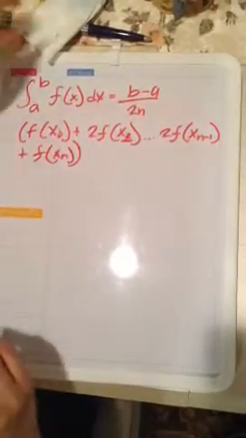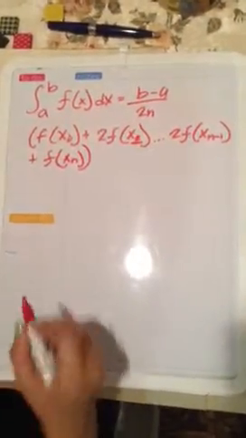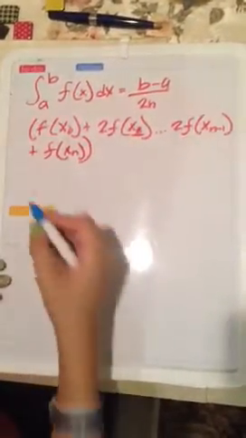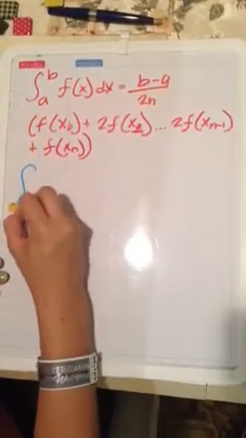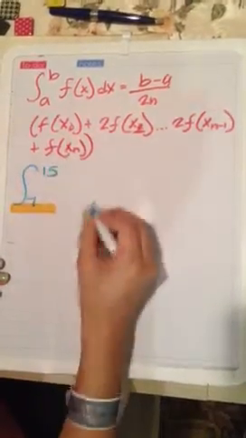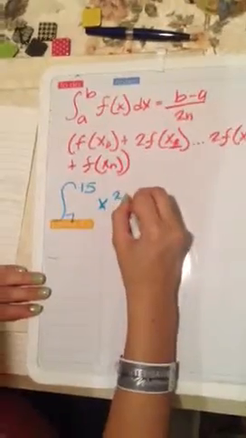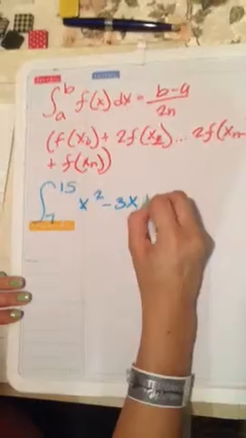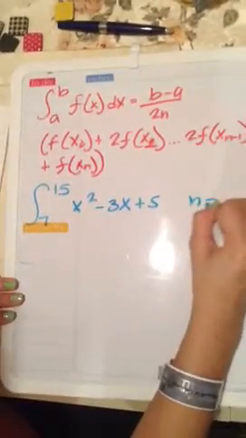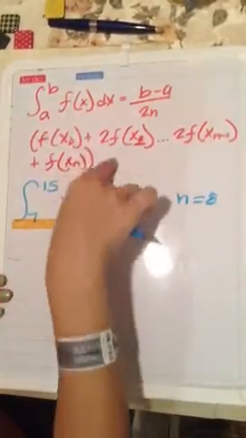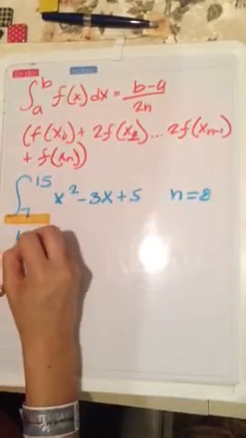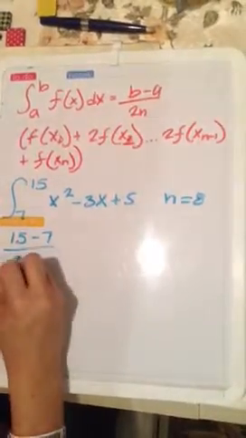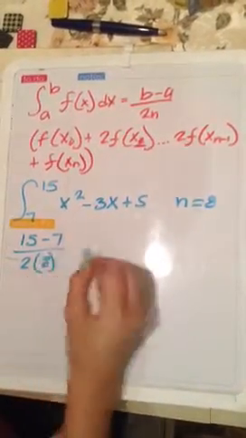Now, the first example we're going to use is the integral between 7 and 15 of x squared minus 3x plus 5, where n equals 8. You use your formula, you get 15 minus 7, which is b minus a, over 2 times n, and n is 8.